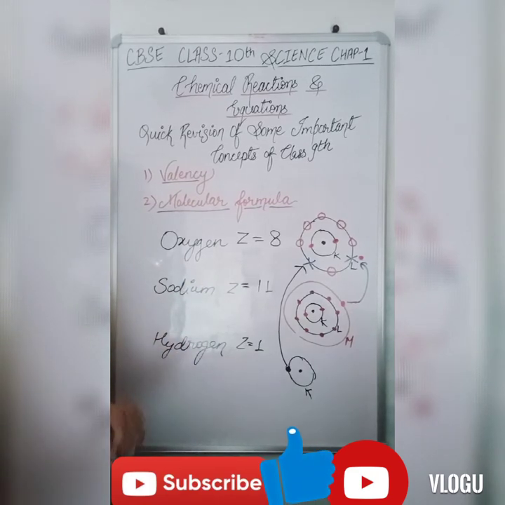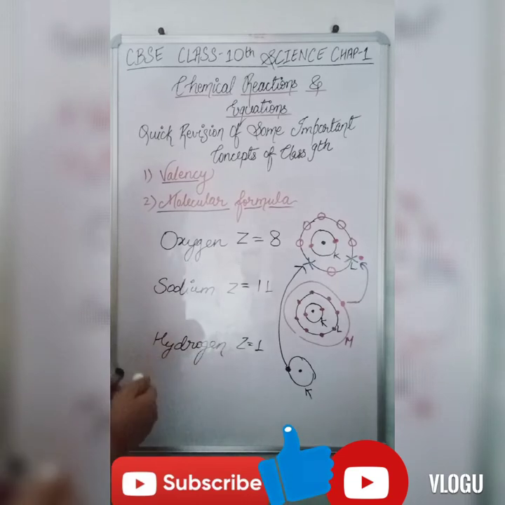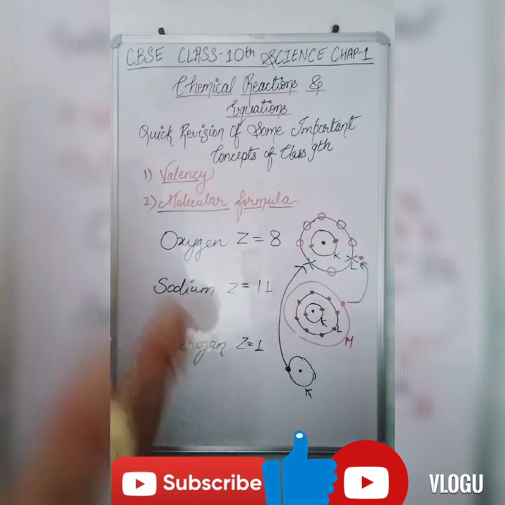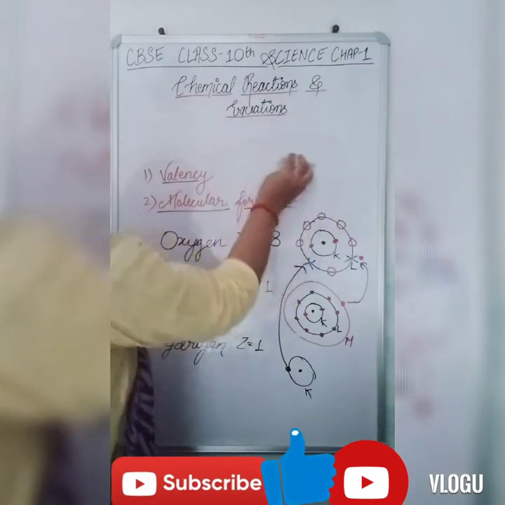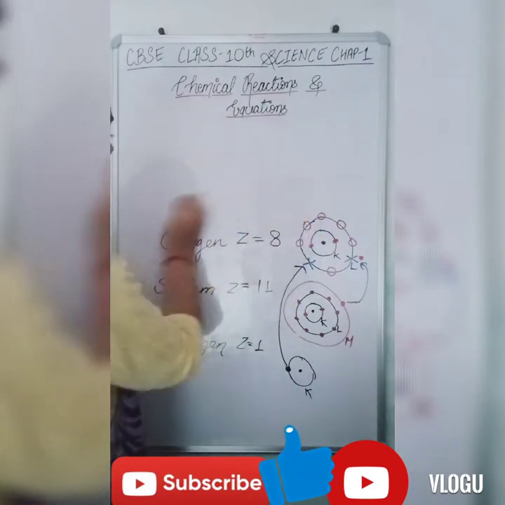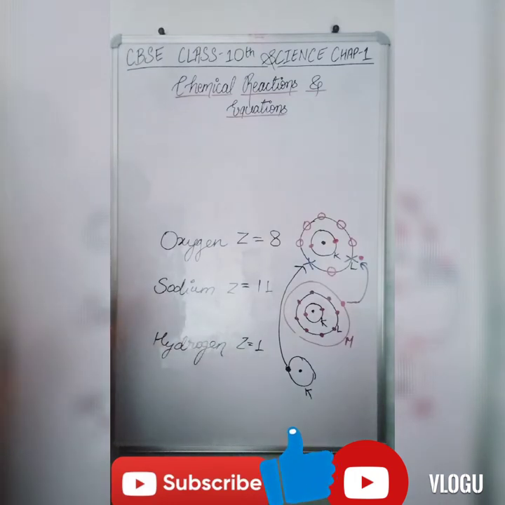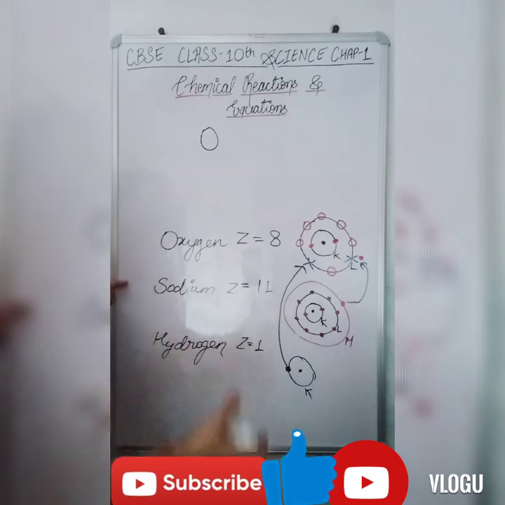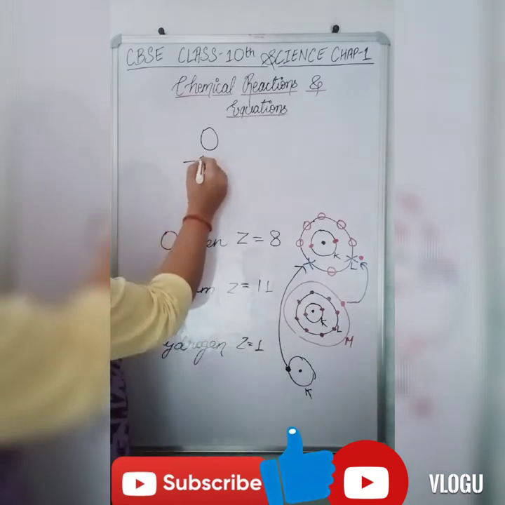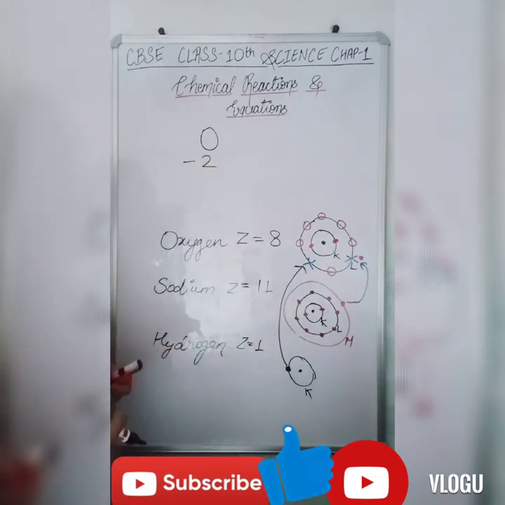So what will you write here? How will the compound be formed? Let's just remove all this. Oxygen was in need of two electrons. Need is always a negative thing for us, because we all want to become a fully filled person, right?